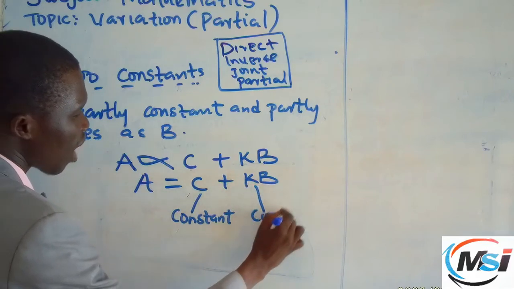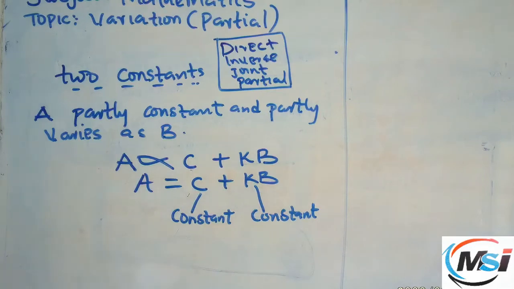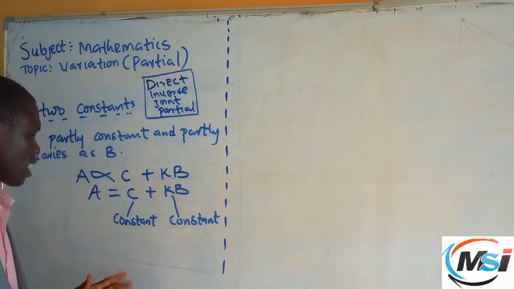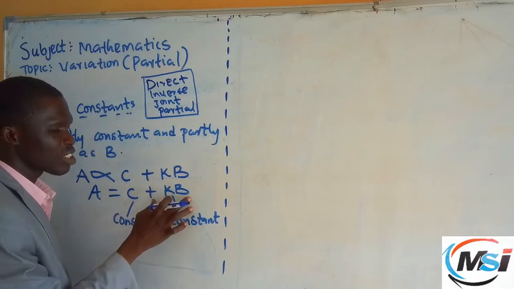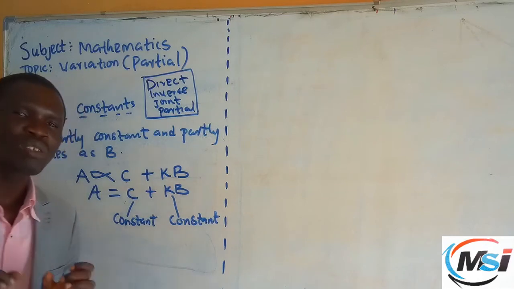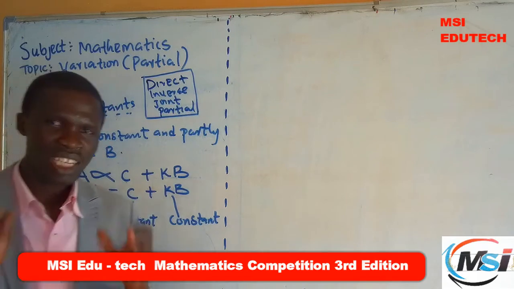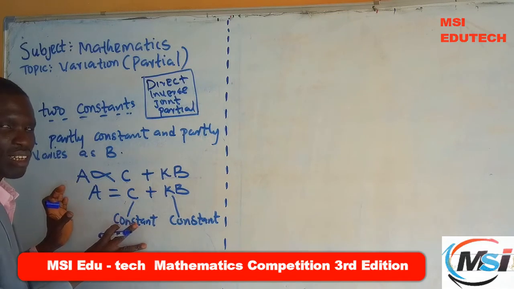K is constant. So we have two constants in partial variation. And that was why I told you earlier that in partial variation we have two constants. We have how many constants? Two constants.